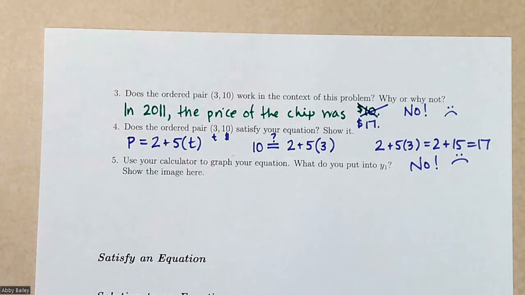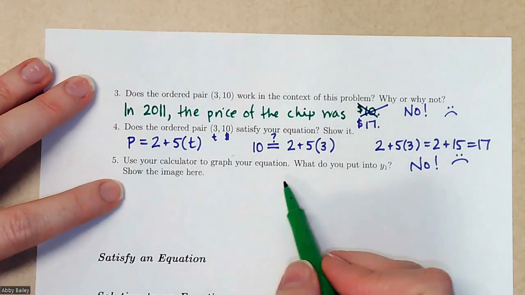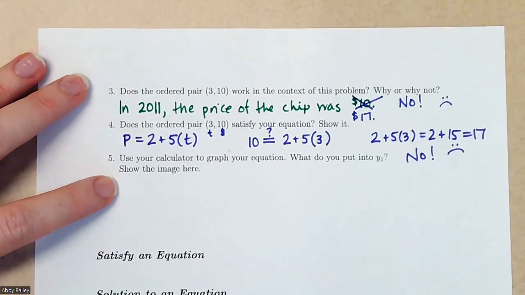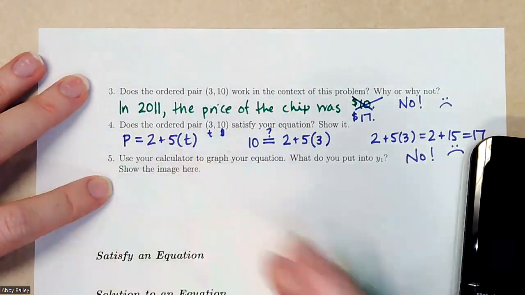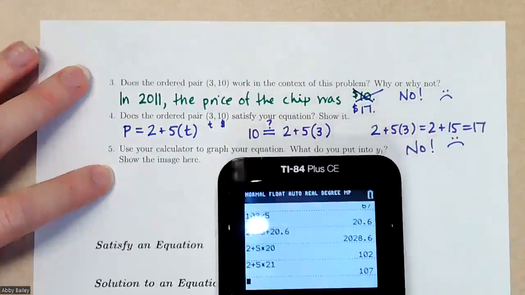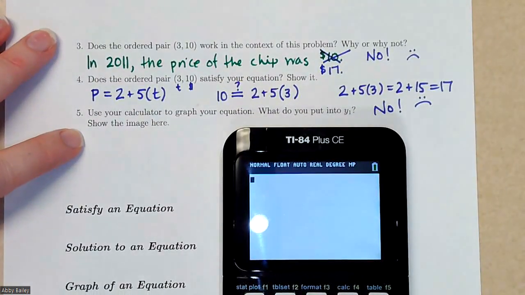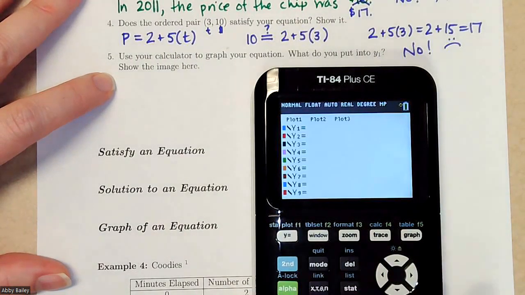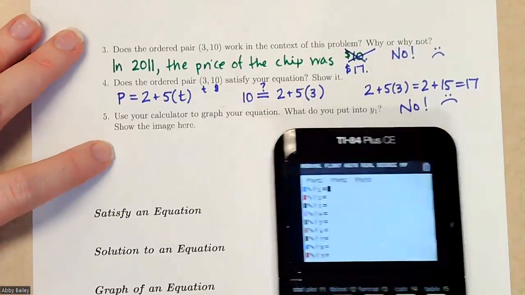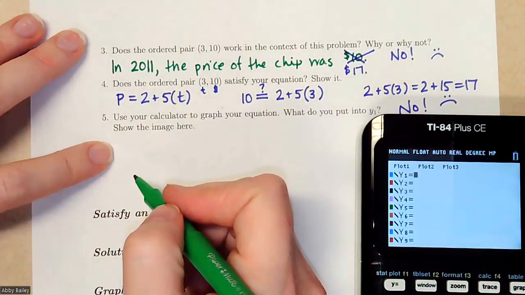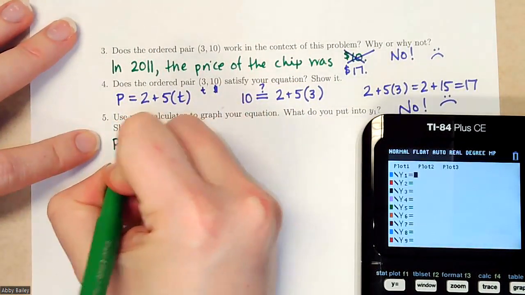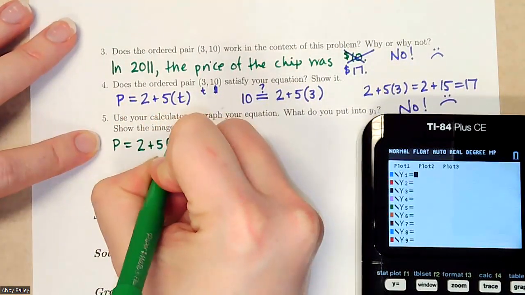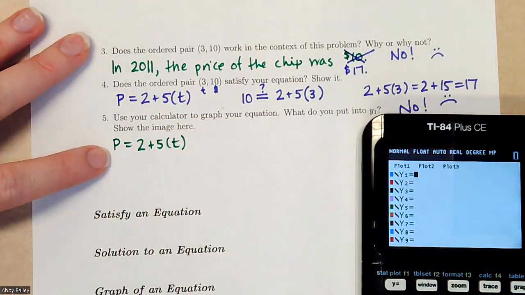Use your calculator to graph your equation. What do you put into Y1? Okay, let me show you. I'm going to turn my calculator on. I'm going to go to Y equals because it doesn't have a P equals. Right off the bat, I need to make some choices here. P equals 2 plus 5 times how many years have gone by.